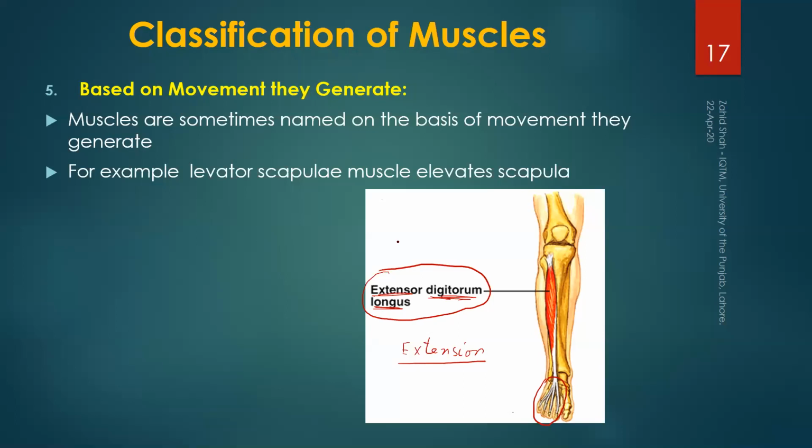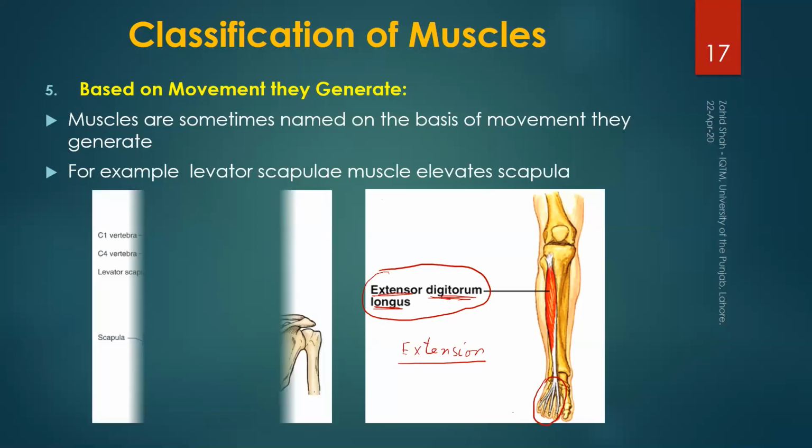So this name is telling us three things: the movement this muscle generates, where that movement is generated, at the digits, and its size. It says it is the longer of the group of muscles. So there will be at least two extensor digitorum muscles. This is one of them.